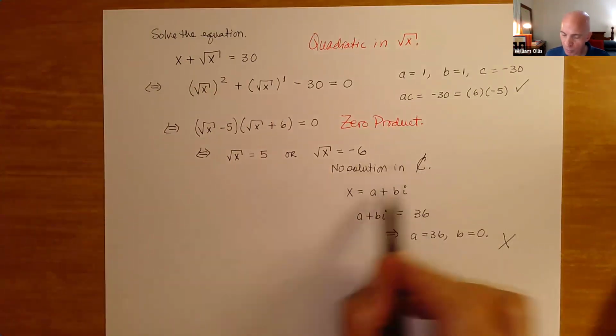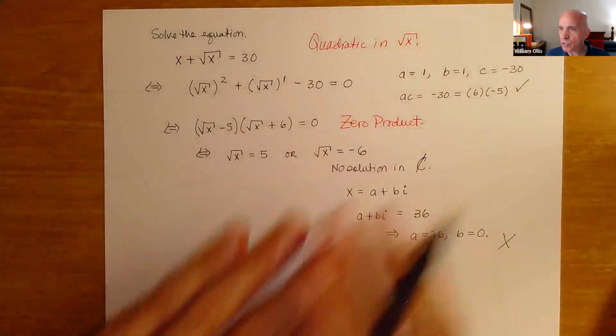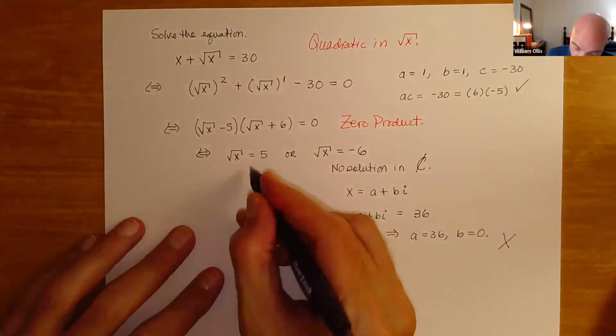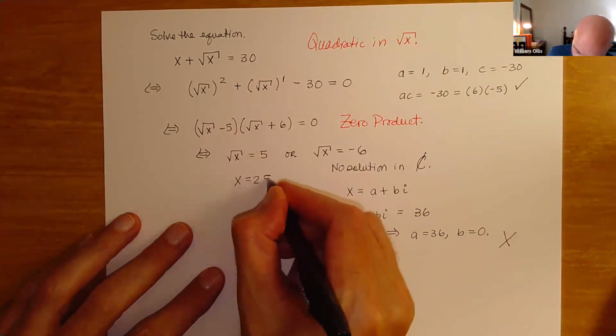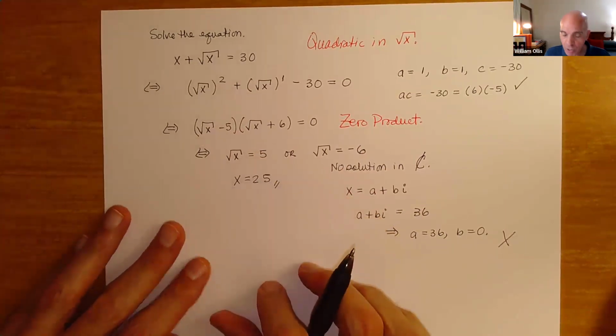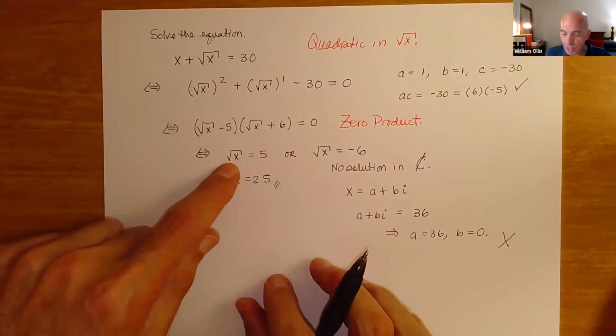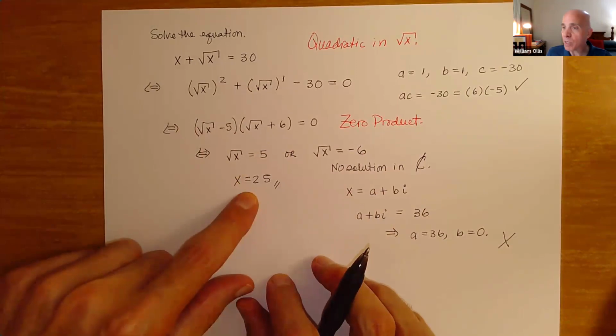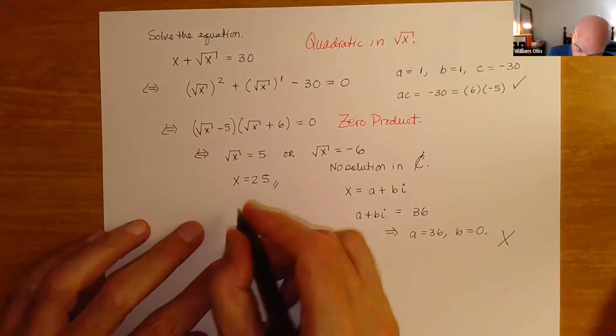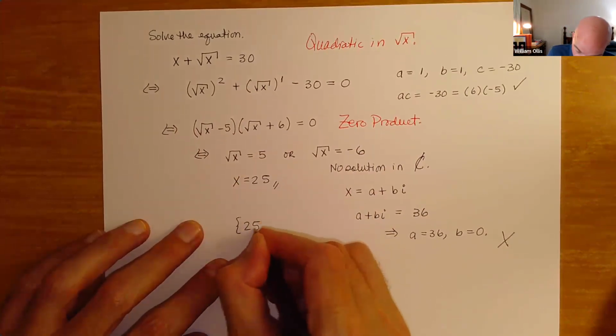But here we're kind of stuck. So there's no solution there, even in the complex. But of course, here we can square both sides. X is 25, and that's completely legitimate. This is only legitimate because this makes sense even for real numbers. And so the only solution that we would have here is 25.